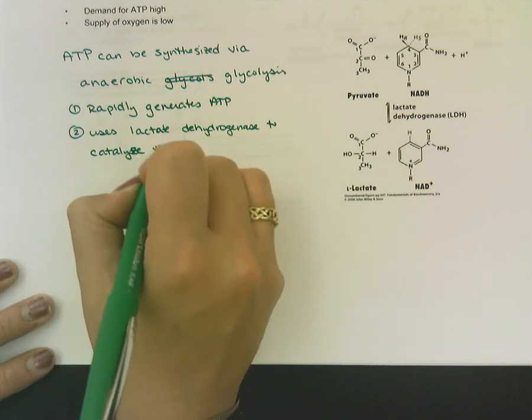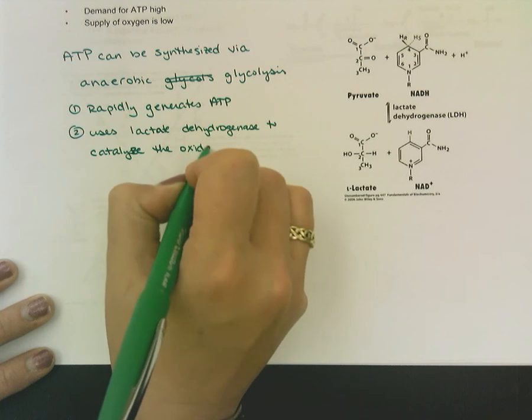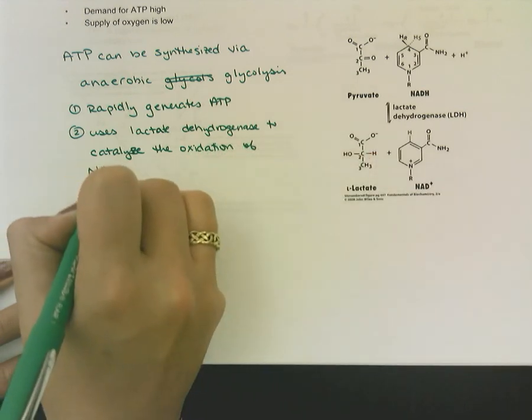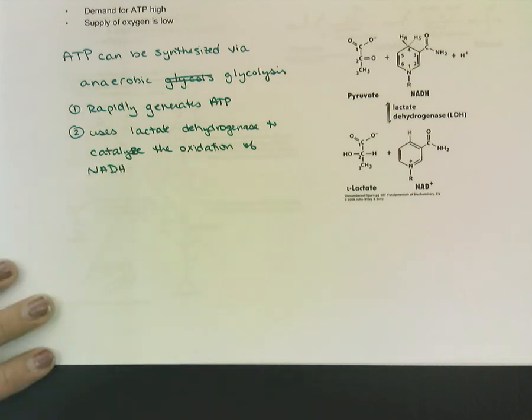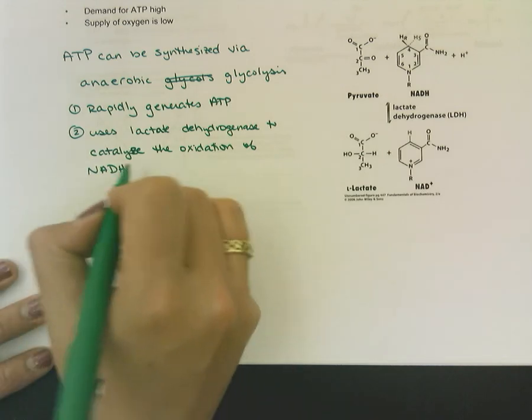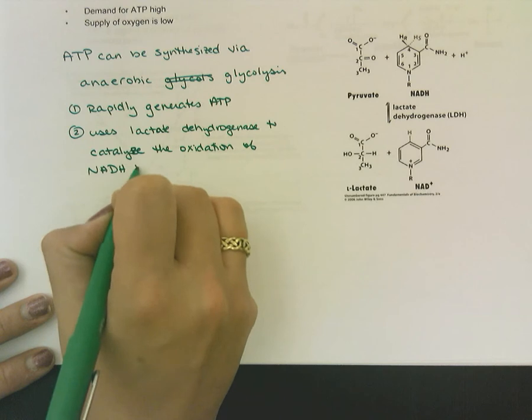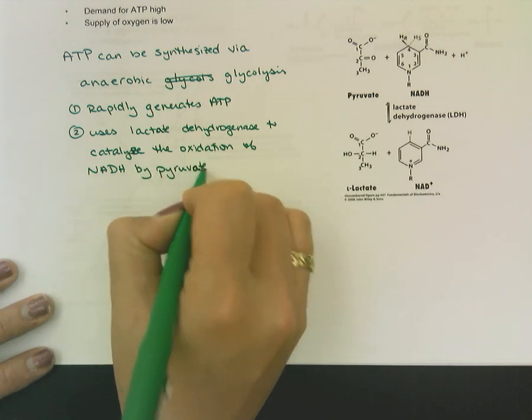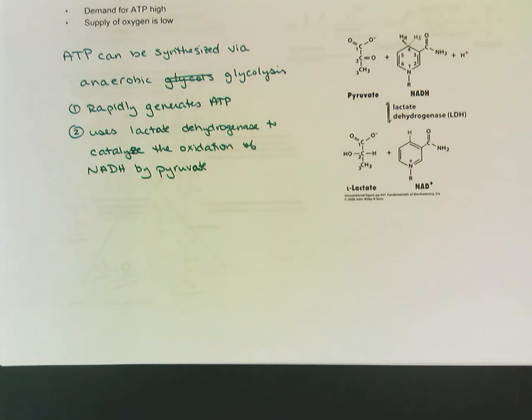To catalyze the oxidation of NADH by pyruvate. So as you can see over here, we have pyruvate, right, which has our carboxylic acid group, we have a ketone, and then just CH3.